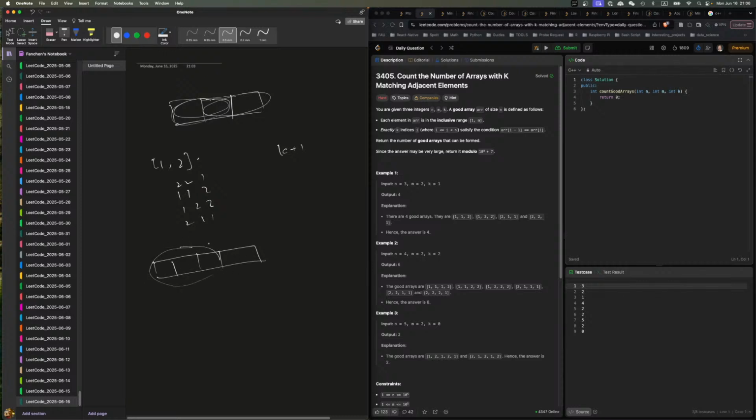So I have 1 and 2. There are only 2 different ways to go. And for each one, m equals 2. So I have 3 options. No, I have 2 options, 1 or 2, right?